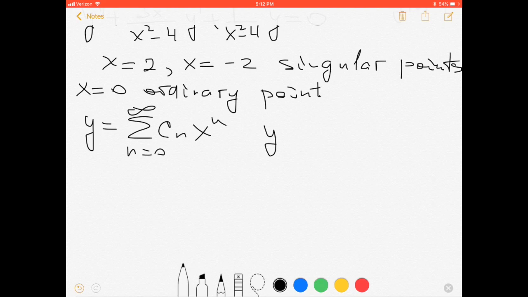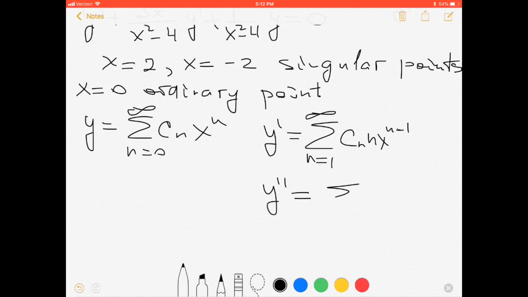The first derivative will be the sum with n changing from 1 to infinity of c_n n x to the n minus 1. And my second derivative will be the sum with n starting at 2 to infinity of c_n n (n minus 1) x to the power n minus 2.